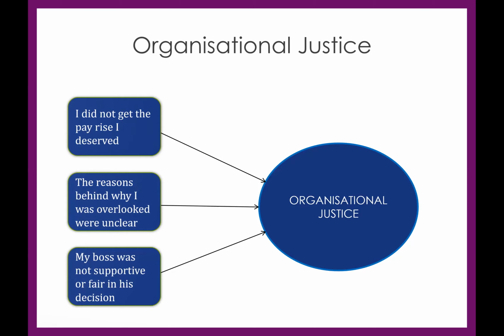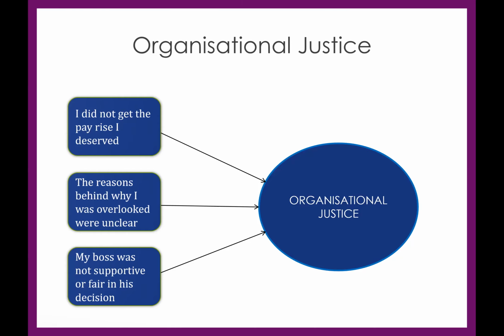For the first example, I did not get the pay raise I deserved. We can see that this is about distributive justice, the outcome justice, because it is about the outcome itself: why I did not get the pay increase I deserved. The second is that employees see whether there is a clear procedure in allocating the resources.